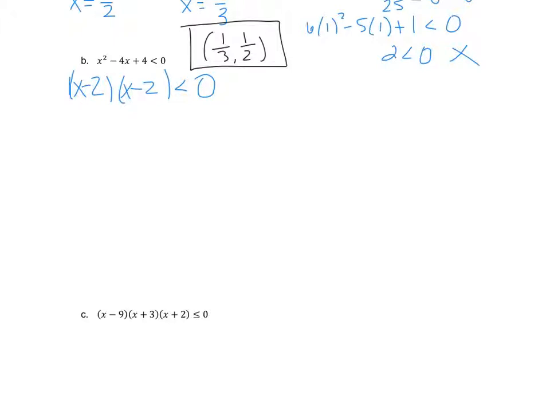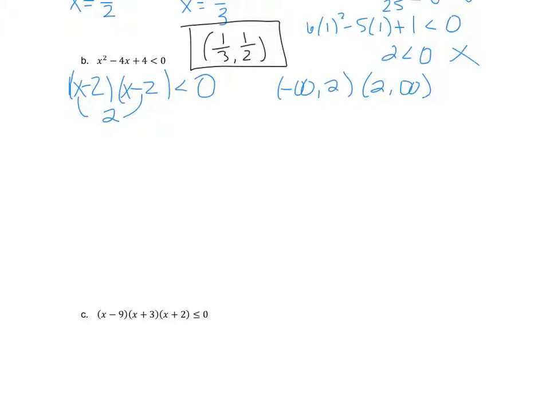So if I set that equal to 0, I only have one solution. They both equal 2. So my test intervals, if you were to put that on a number line, are negative infinity up to 2, and then from 2 to positive infinity. So these are going to be my testing intervals.